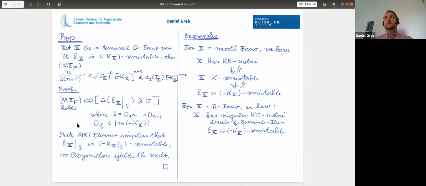So also in the more general and maybe more interesting singular Q-Fano case, having the singular Kähler-Einstein metric guarantees that this extension is semi-stable as a sheaf.